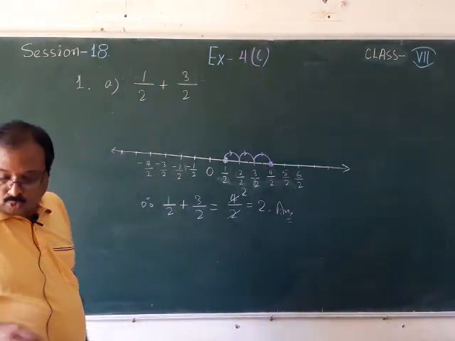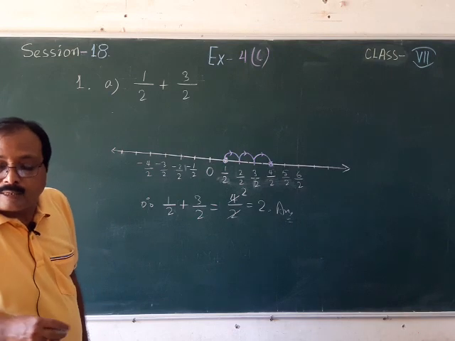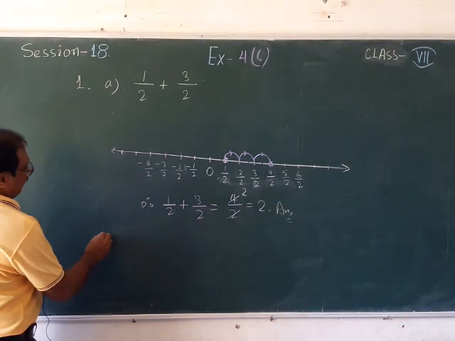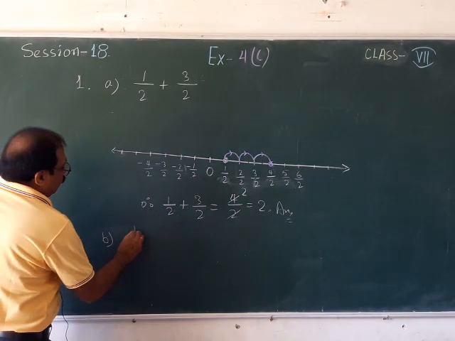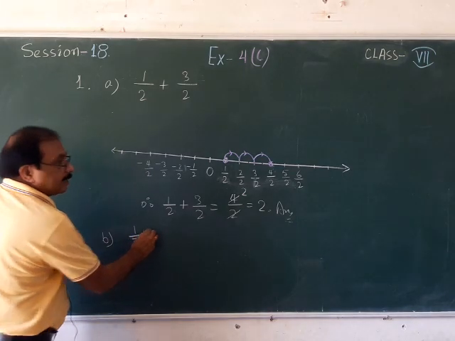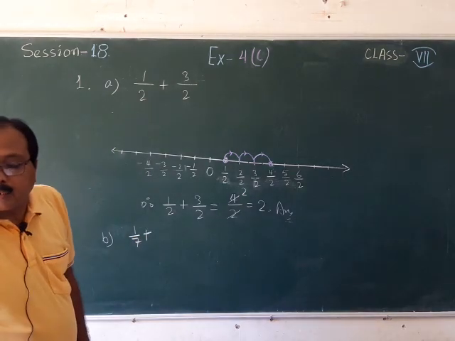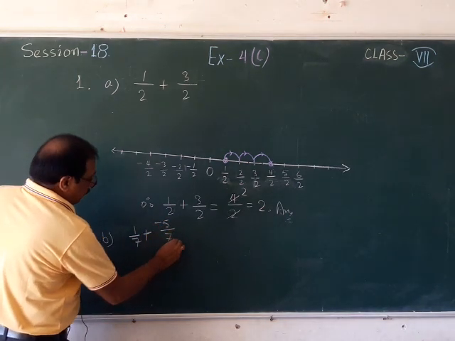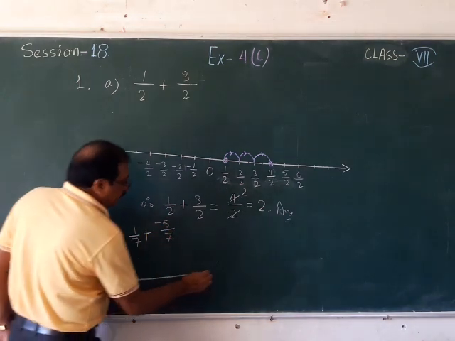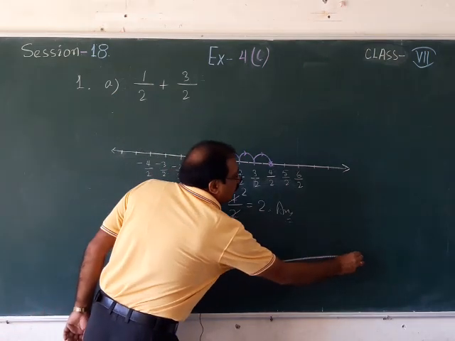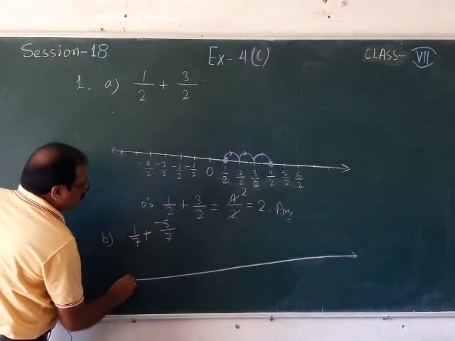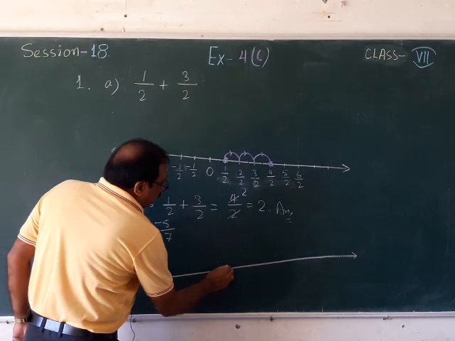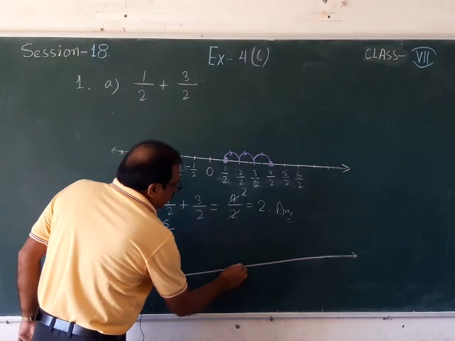Let me show you one more question. Question B is 1 by 7 plus minus 5 by 7. Now I am taking a number line, and first I am writing 0, then marking.